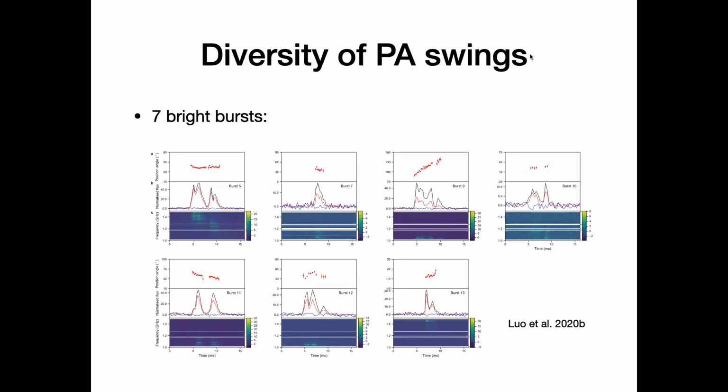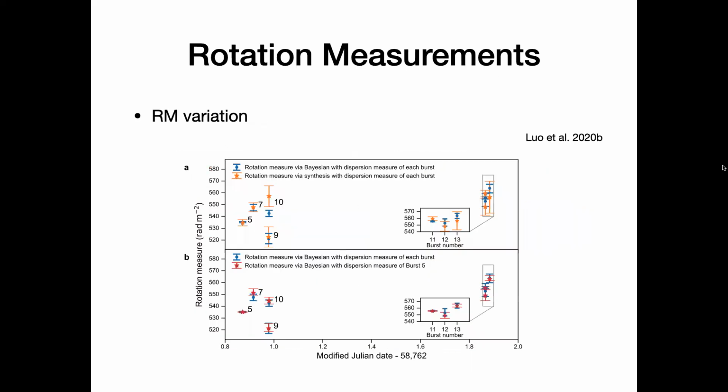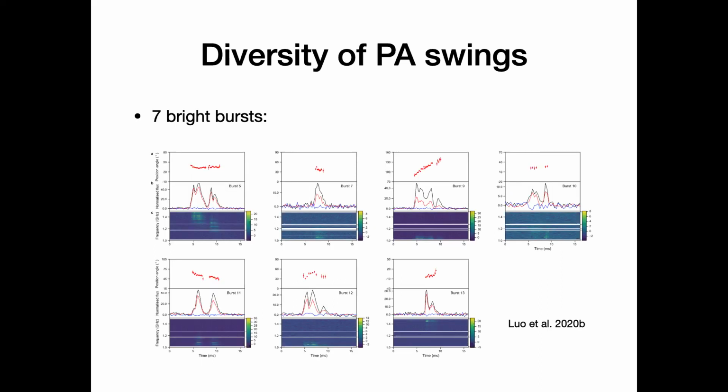But even for the RM measurements, in this RM variation plot, we just adopt the dispersion measure for a particular burst. Even though we have DM values from different bursts, if we fix the DM from the particular burst, we can still get RM variation like that. That's demonstrating our RM measurements. But for this suggestion, we didn't consider that.